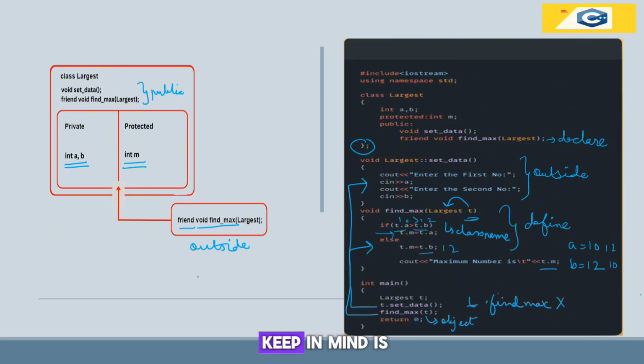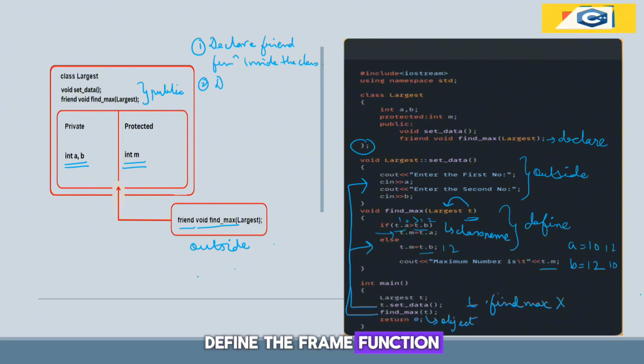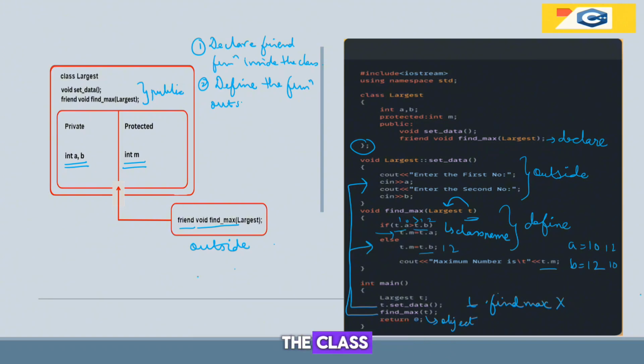The things to keep in mind: first, I need to declare the friend function inside the class. Second, define the friend function outside the class, that is, write the code.